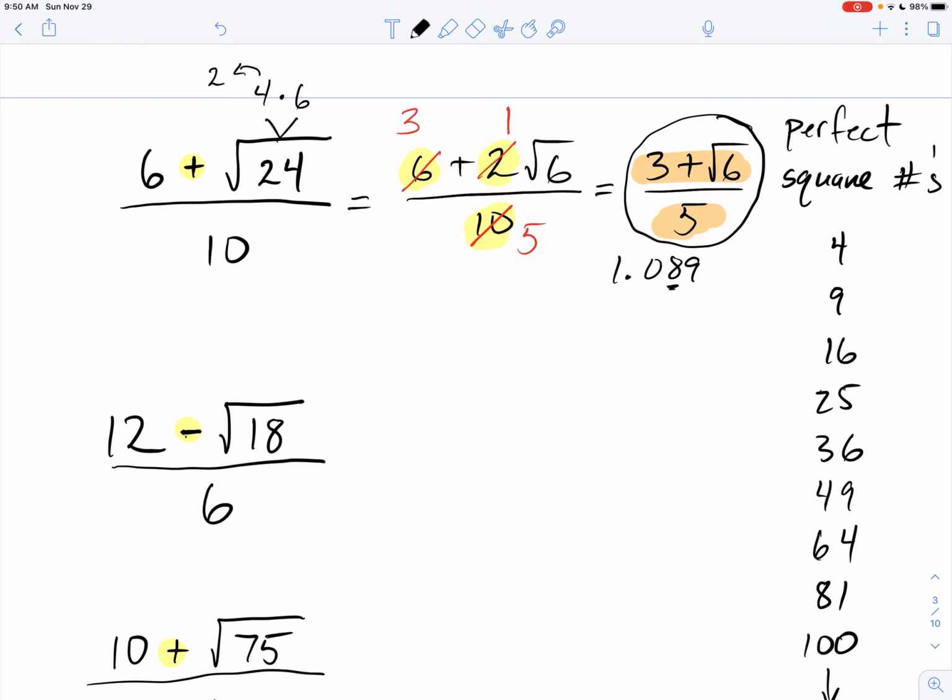I'm going to round to the hundredths place, so this turns out to be 1.09. So remember, I have to get this answer first on my calculator, then I divide it by the bottom. 1 number divided by 1 number. And that is one completed example.